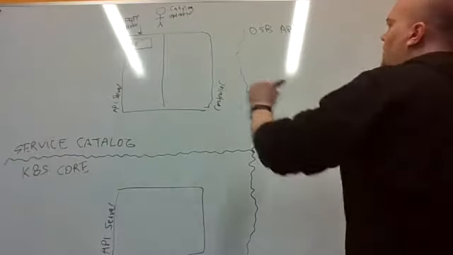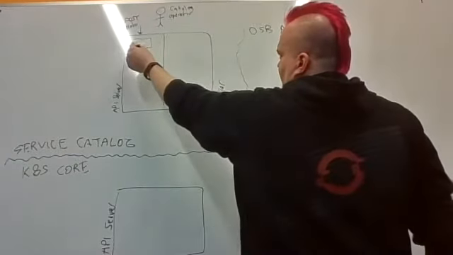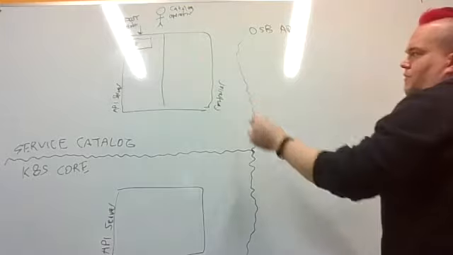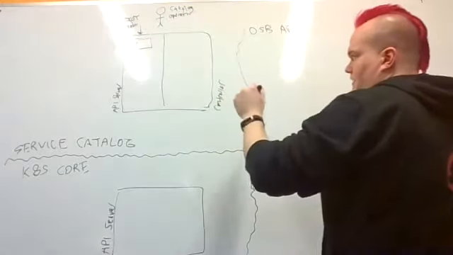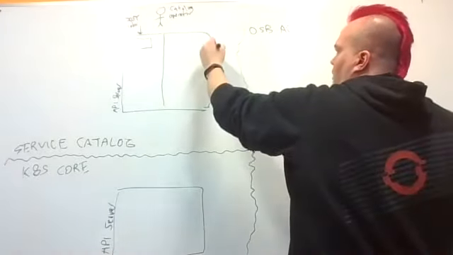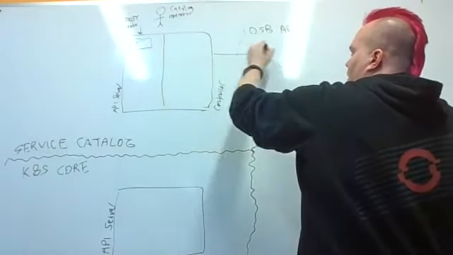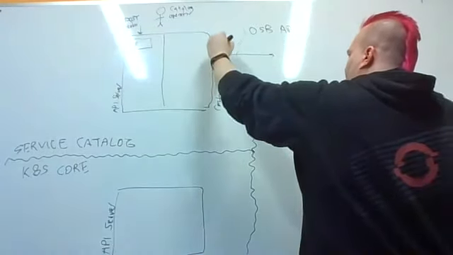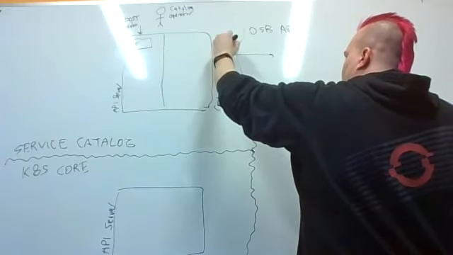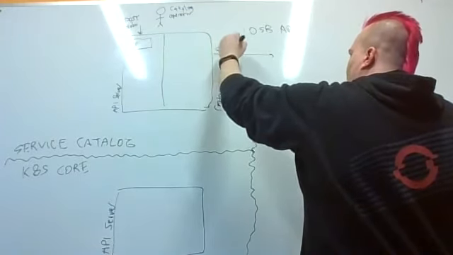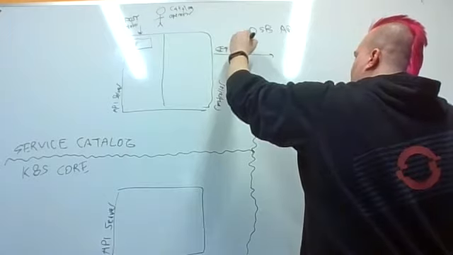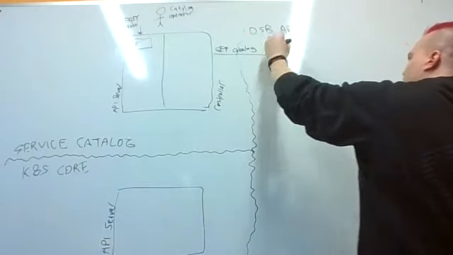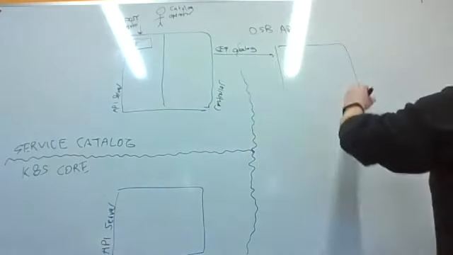So the controller has a watch on this and says, aha, a new broker resource has been persisted in the API server. I'm going to go try to reach that broker at the URL and do a get on its catalog endpoint. So now it's time to draw another box.